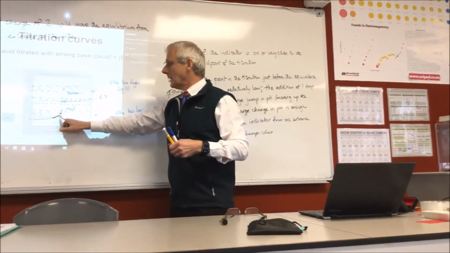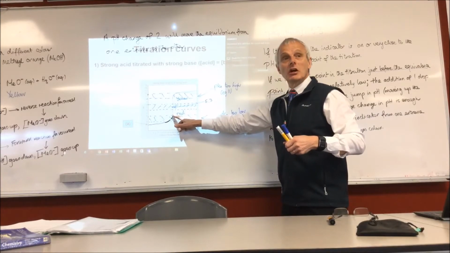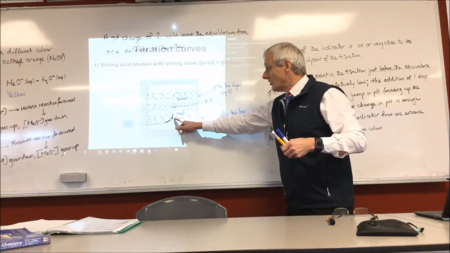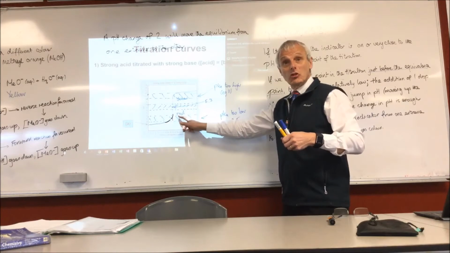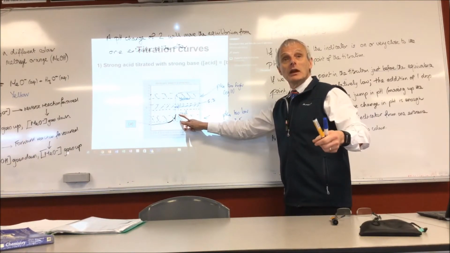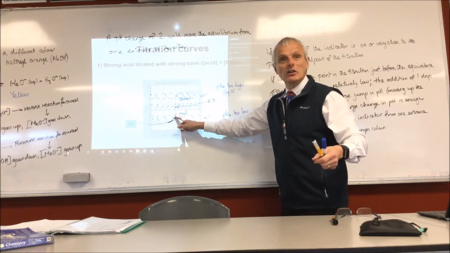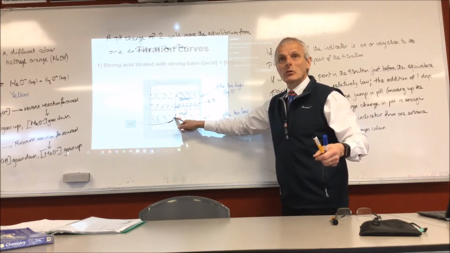If you've got the pKa too low, you'll go past the change in colour, because going around this section here is enough to take you through 2 pHs. So it will take you through the pH range enough to drive that equilibrium from one extreme to the other, but you've not yet reached the equivalence point, so it changes colour too early.